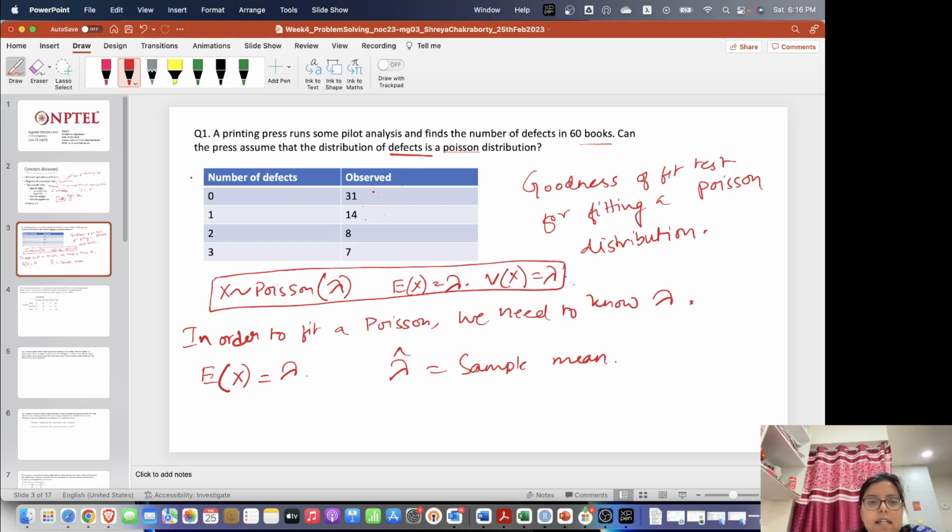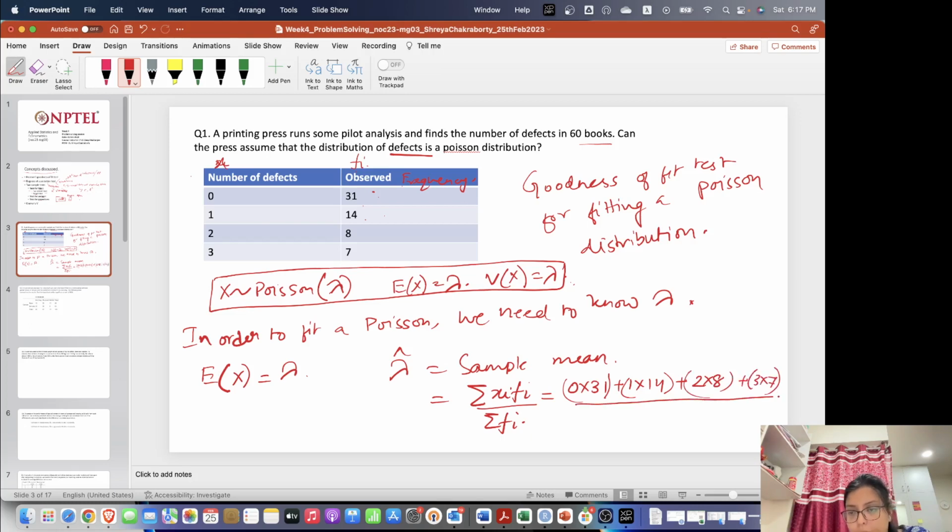So if we consider this table, this is my xi, this is my fi. X is the number of defects and fi is the frequency. So sample mean will be summation xi fi by summation fi. This will be 0 into 31 plus 1 into 14 plus 2 into 8 plus 3 into 7, divided by 31 plus 14 plus 8 plus 7.